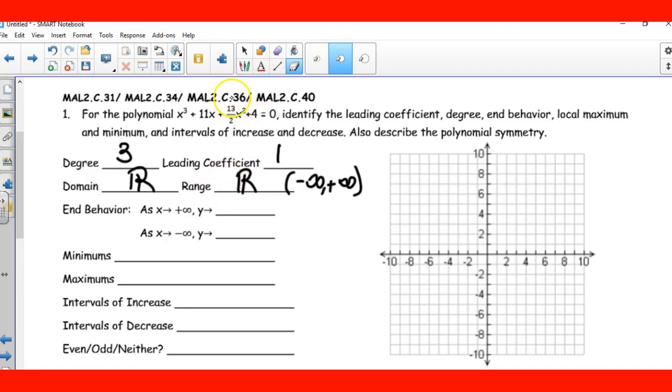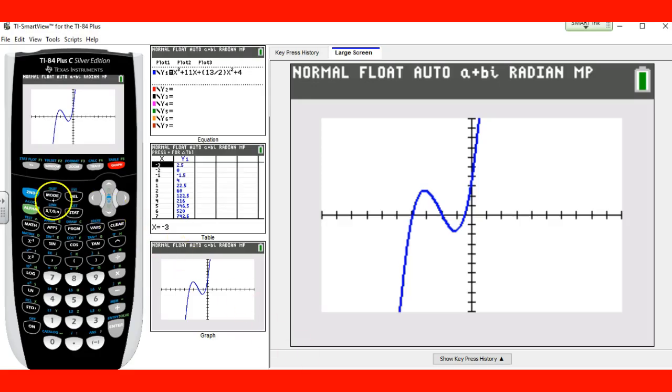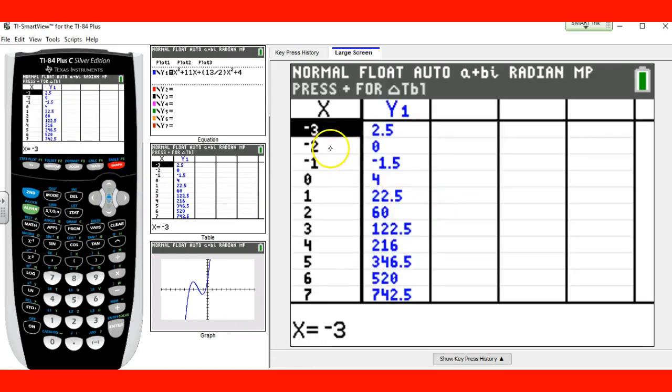Let's sketch it real quick. Let me pick some points from the graph. If I go back over here to the calculator and second graph, we look at our table. We got some points right here we can use.